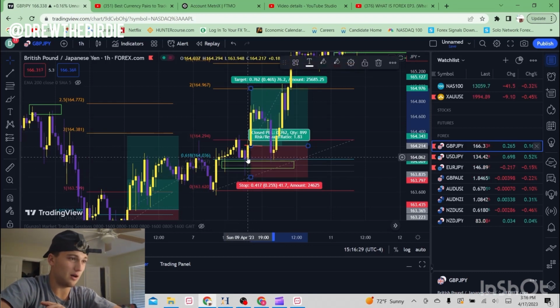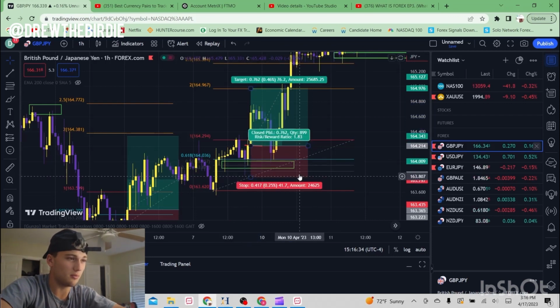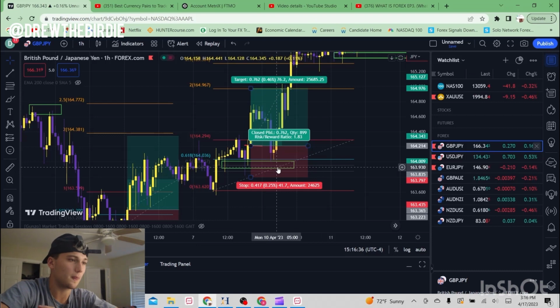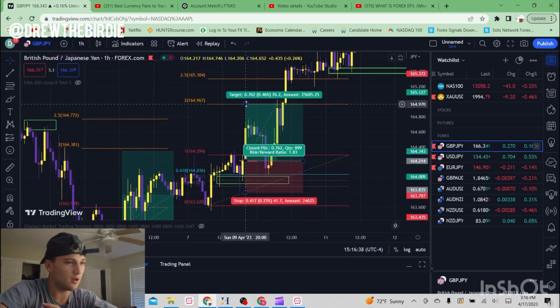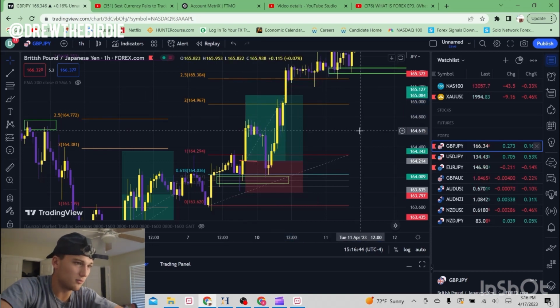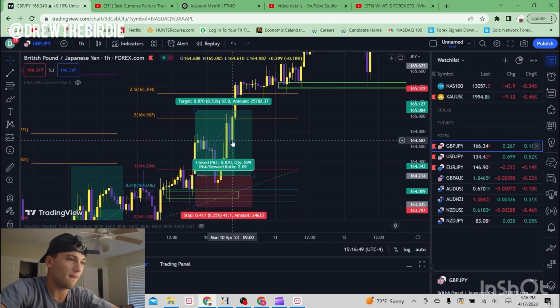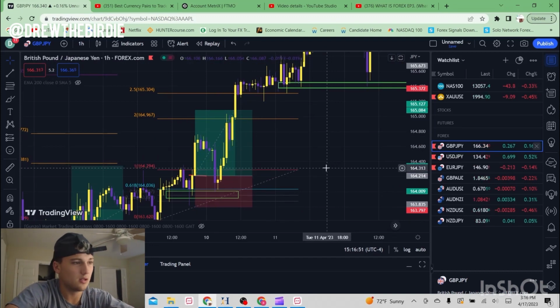I would see this strongest wick going downwards, and I'll put my stop loss just a little below that. So that's a 40 pip stop loss, and I'm wanting to get a 2 risk to reward at minimum. So at minimum, you would have made 87 pips.